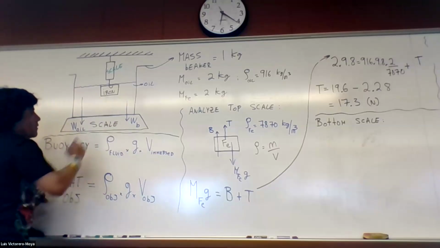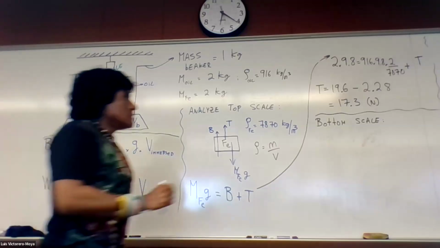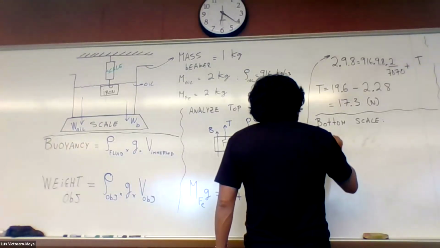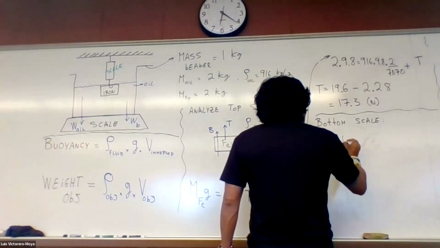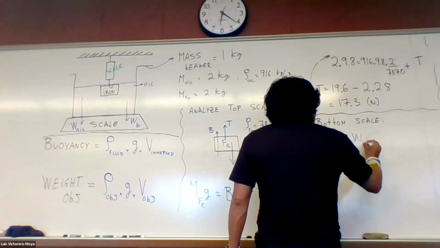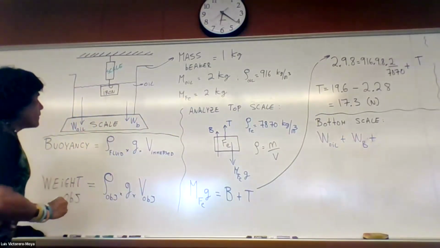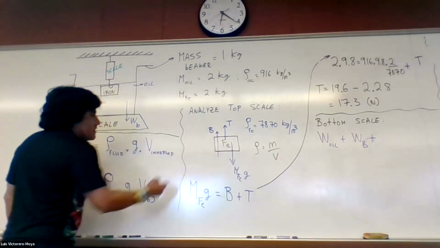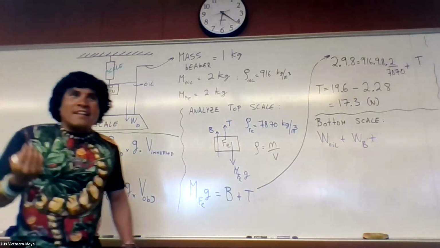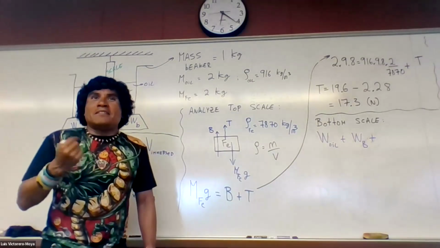The weight of the oil, the weight of the beaker. So weight of the oil plus weight of the beaker. But guys, here's what you have to remember, right? That buoyancy is acting on the iron.